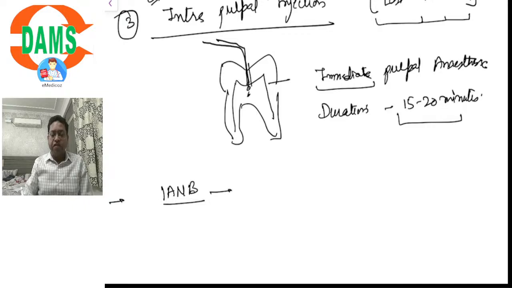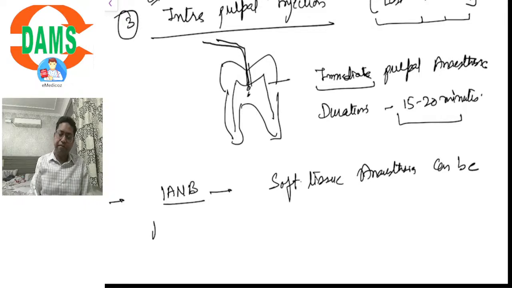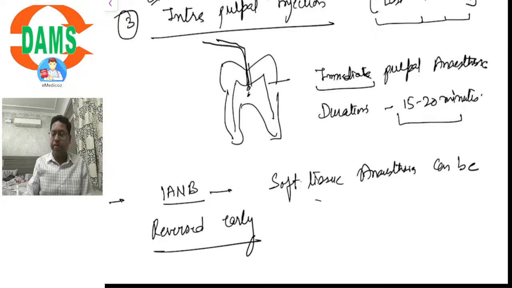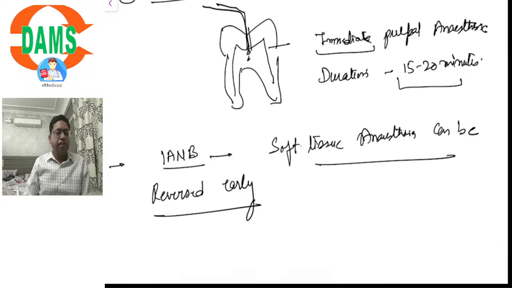So after inferior alveolar nerve block, the soft tissue anesthesia can be reversed early by a soft tissue reversal agent.